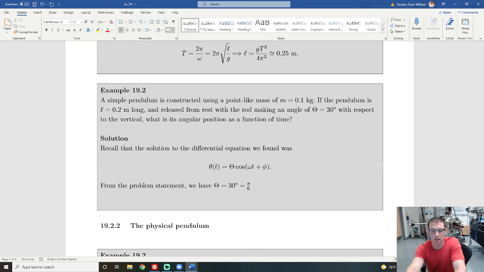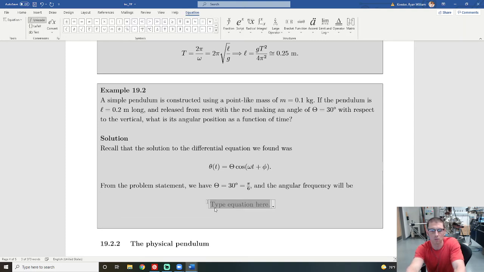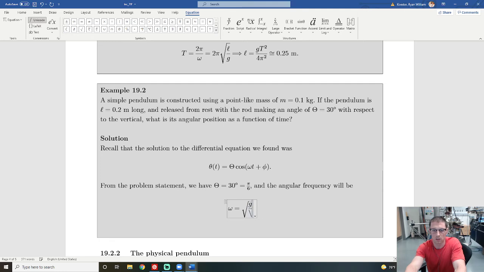So there's that. And the angular frequency, we found that omega equals the square root of g over L, right?